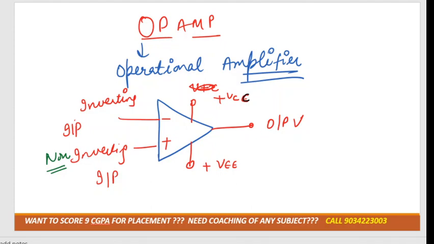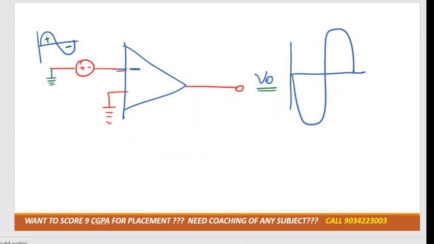So in this case we get the opposite voltage: first negative and then positive. Clear? There is also a change in the magnitude.